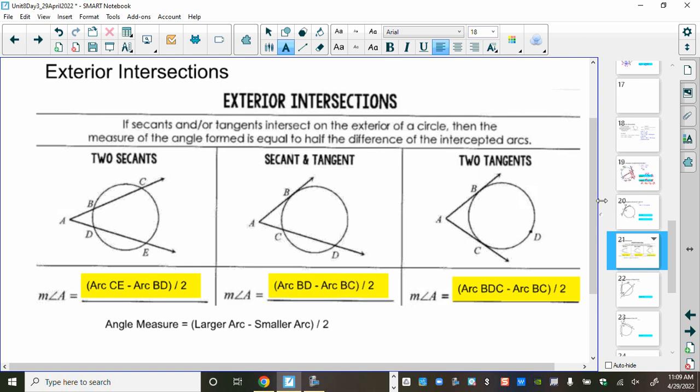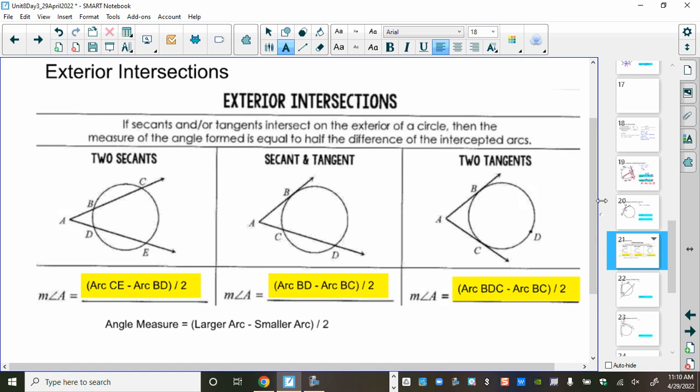We'll definitely go into detail next time regarding these types of diagrams, but it's basically the same thing. Larger, minus smaller, divide by 2, done. That's going to be your setup for all the remaining types of problems.